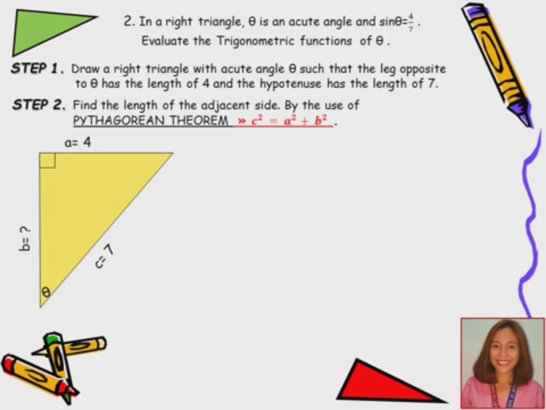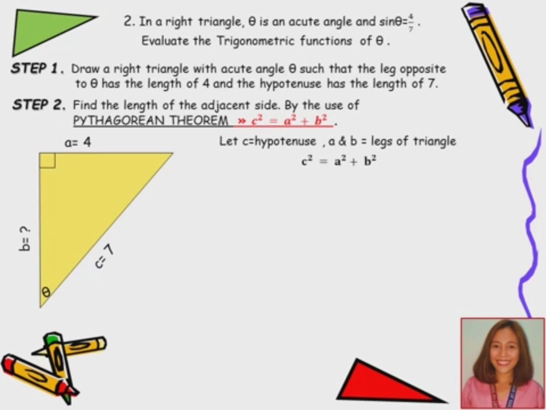Okay, so now let's proceed in solving the value of the unknown side of our right triangle. We're going to let our side c be our hypotenuse, and a and b be the legs of our triangle. So note that our side b is the unknown here.